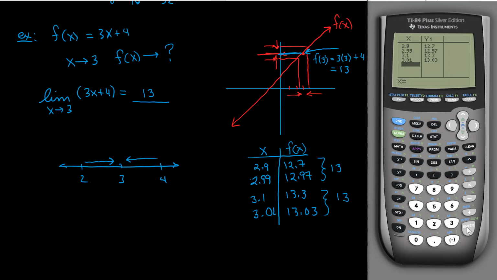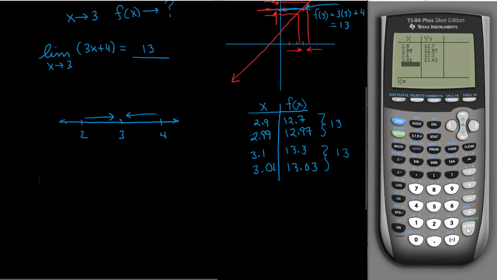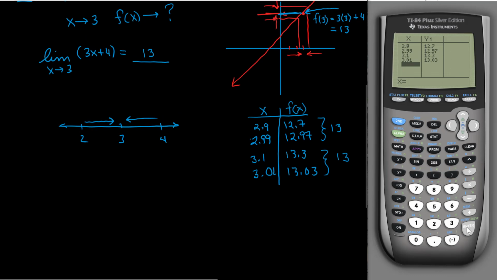Looking to the right on the graph, you can see that the red line describing the function is continuous. It has no breaks, no surprises in it. So if your function is continuous, and 3x plus 4 is continuous, it's a line, to shortcut all this work, what you can actually do is just substitute in, like we did on the far right-hand side, the value of x, and that will tell us where the limit's going.